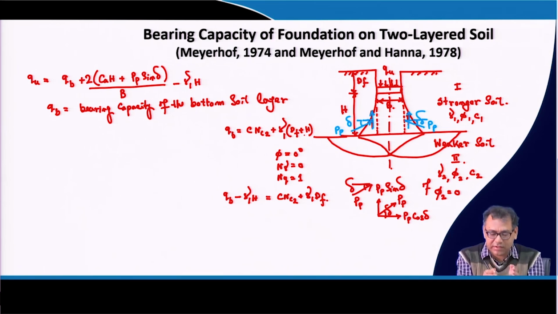So, do not subtract twice. Either you subtract in this equation, in which case you consider H during the QB calculation, or you consider only the D_f contribution during QB calculation, and then there is no need to subtract this value.